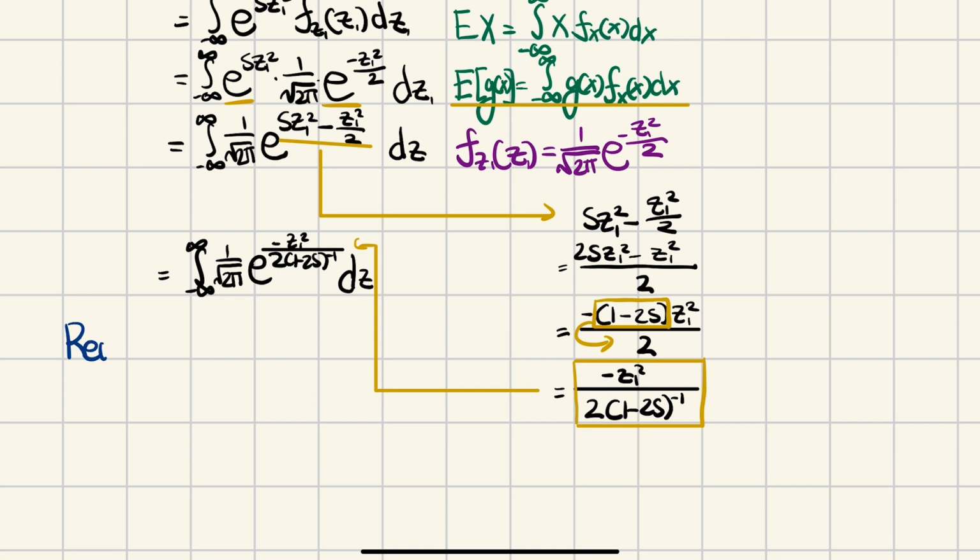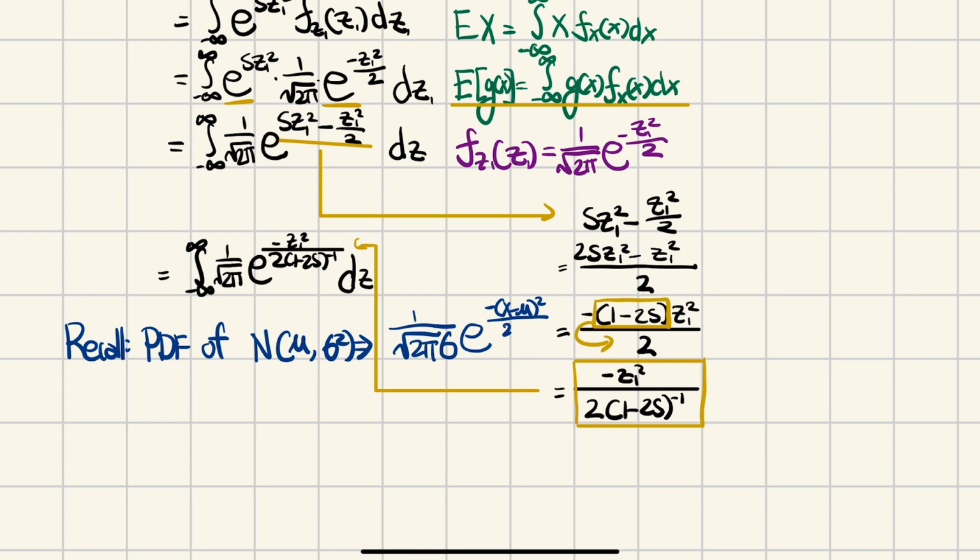Because recall that the PDF of something following a normal distribution equals, oh wait, there's no integral for PDFs, equals, sorry, 1 over root 2 pi sigma times e to the power of negative x minus mu squared over 2 sigma squared.